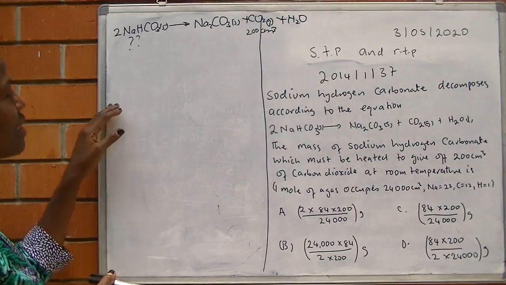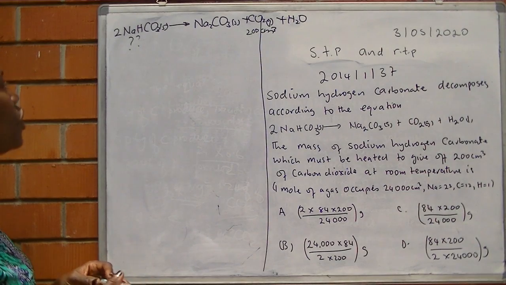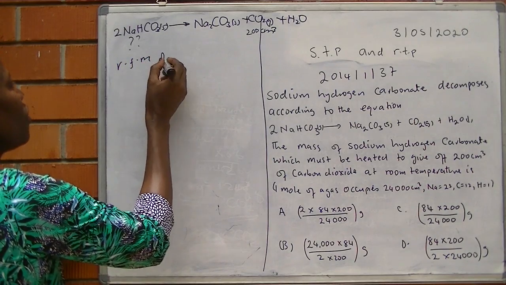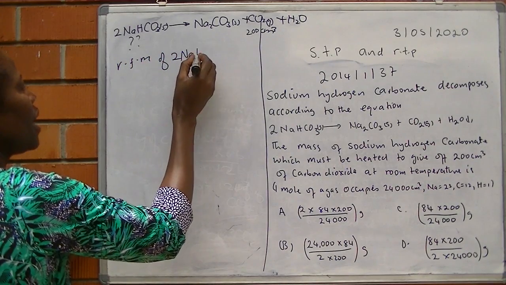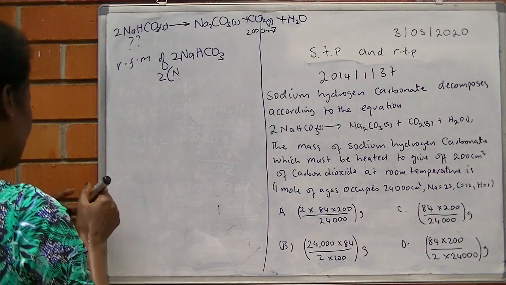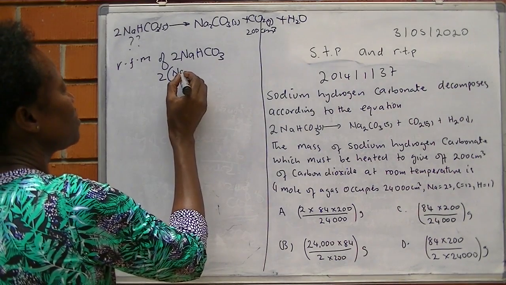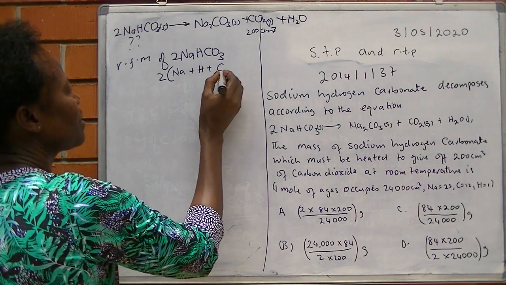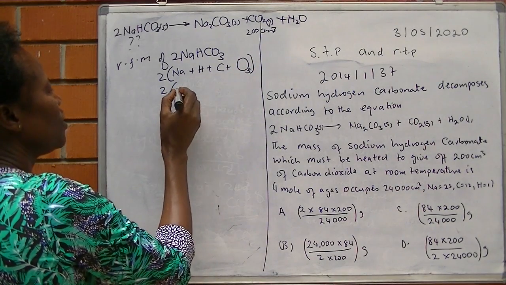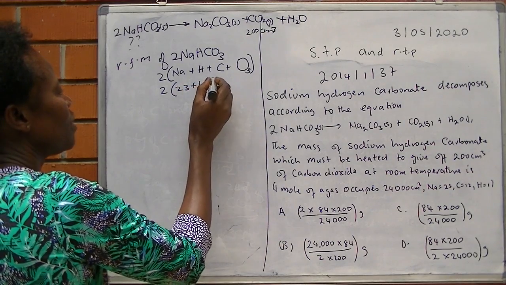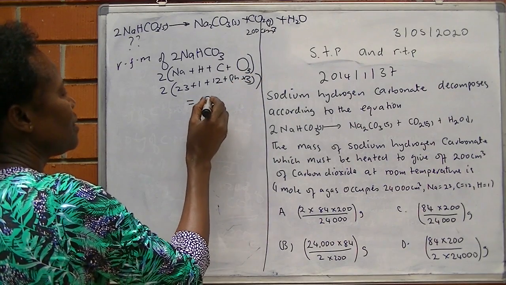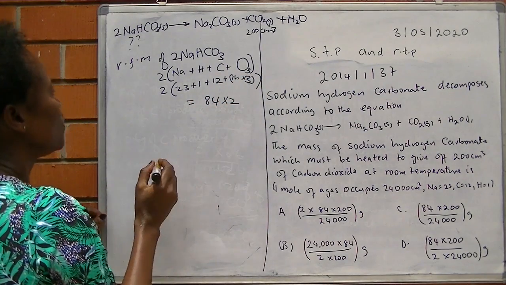The moment they have asked us the mass, we go direct to the molecular mass of a given compound. So RFM of sodium hydrogen carbonate is the same as 2 sodium plus hydrogen plus carbon plus 3 oxygen, which is 2 times (23 plus 1 plus 12 plus 16 times 3), and the answer is 84 times 2.